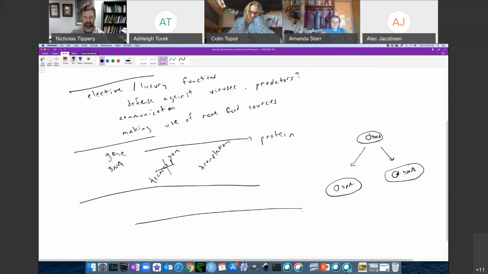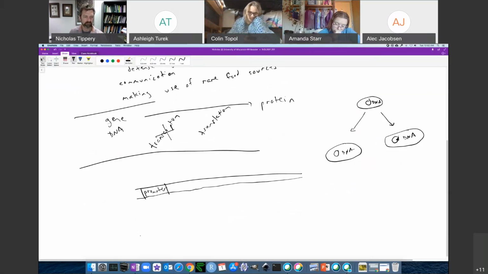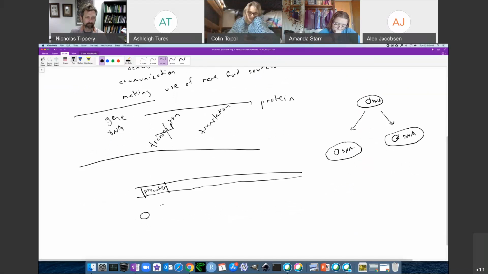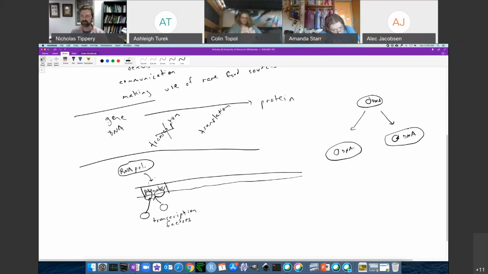So say we've got our gene here. So we saw a situation where there were transcription factors, and they basically attach to the promoter region, and they set up an environment where RNA polymerase is then sort of invited to the party, right?